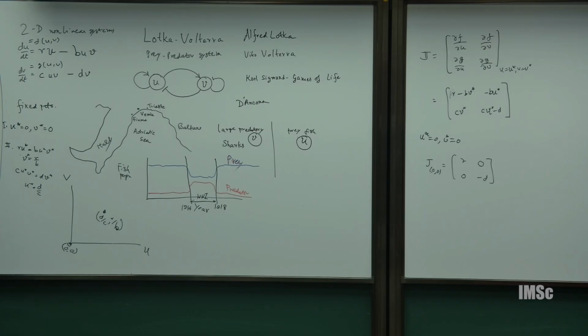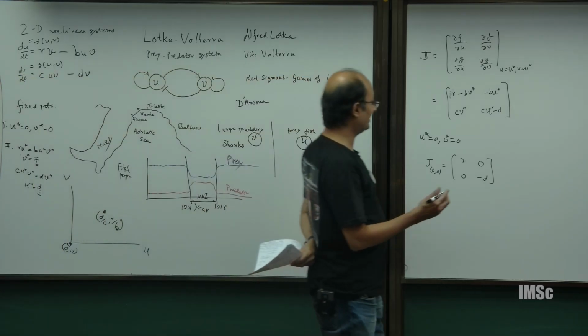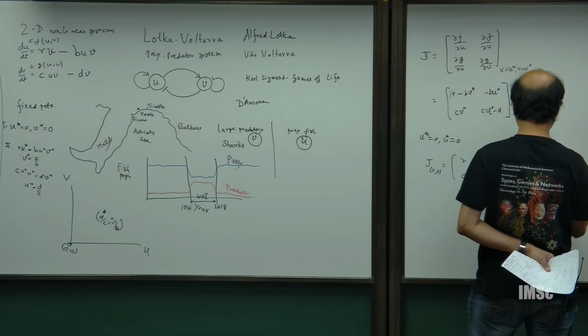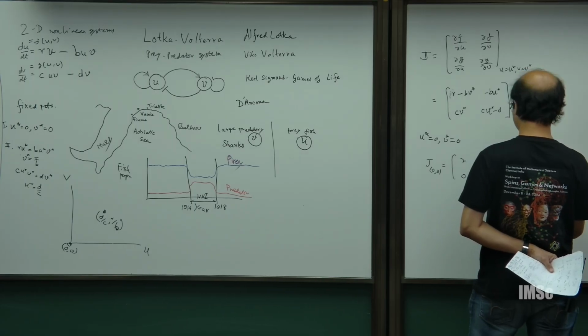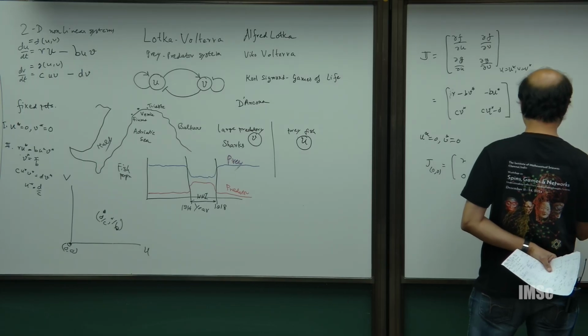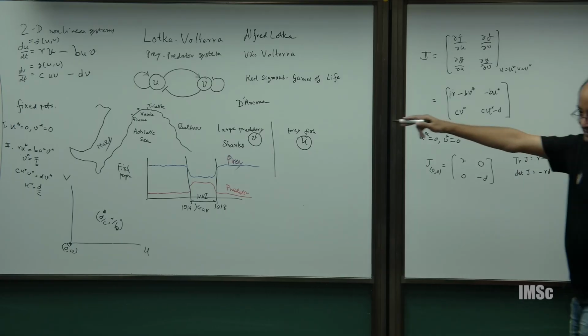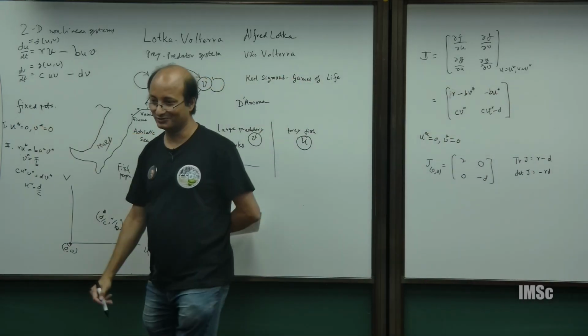Now I can evaluate my trace. The trace is R minus D and the determinant is minus RD, right? So what is that? Remember, look at here, what will it be?